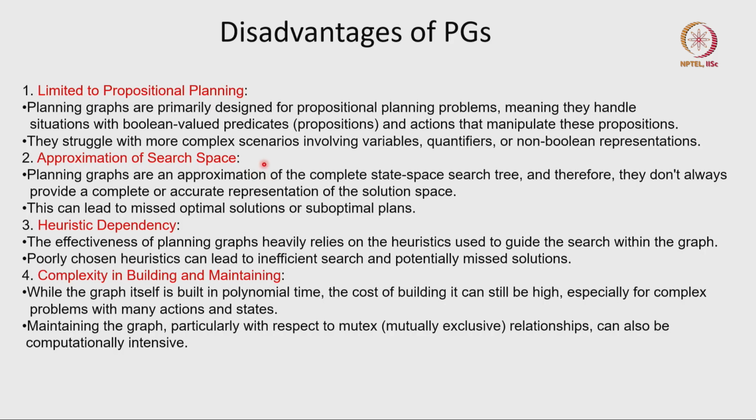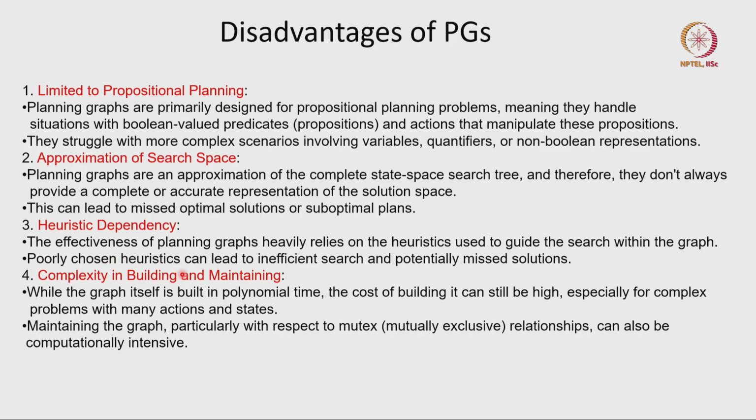Secondly, there is an approximation of the search space. It is an approximation of the complete state space search tree. Okay, so they may not give a complete or accurate solution, and you may get suboptimal solutions, or you may miss the optimal solution, etc. Right? Heuristic dependency.